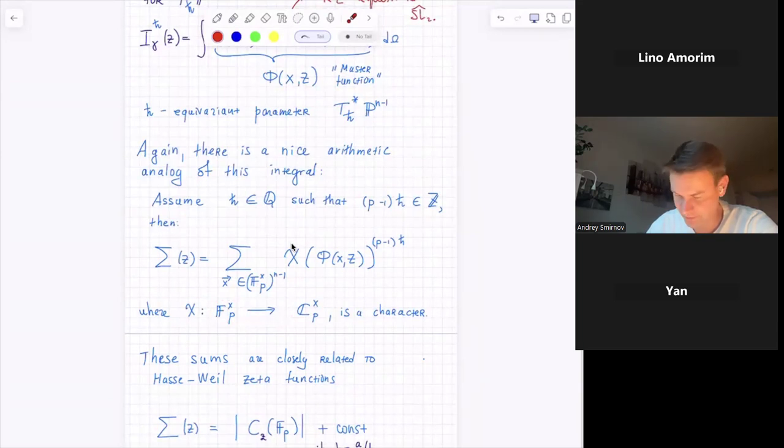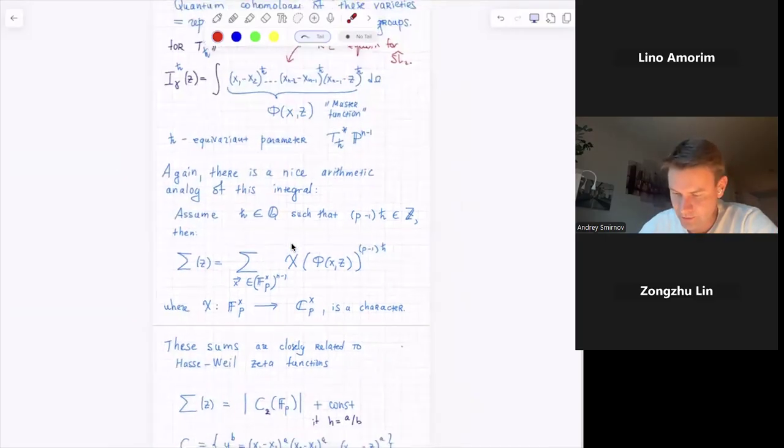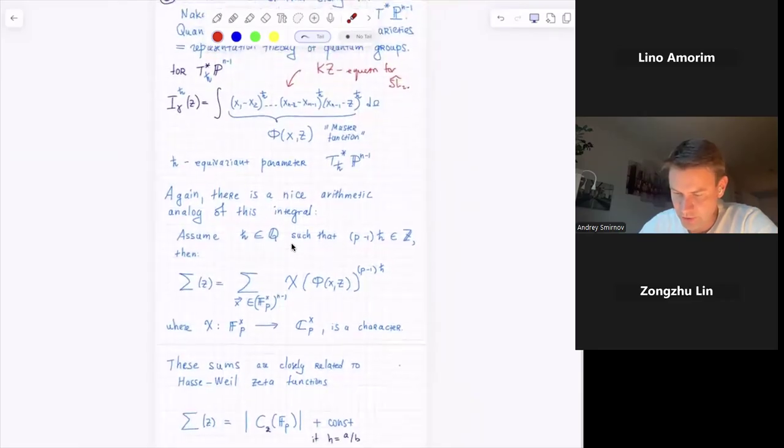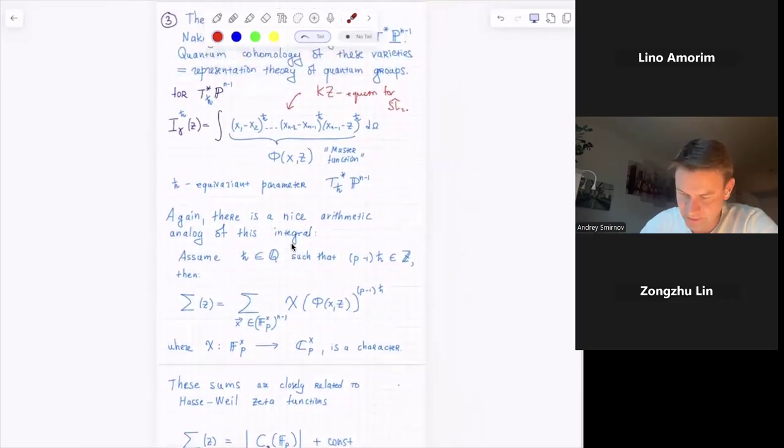It's called the Teichmüller representative. But in your phi of x, z, does that include the power h bar in each factor at the top of the slide? Yeah, this power is here, right? And in the definition of phi, because this is a chi applied to phi of x, z.